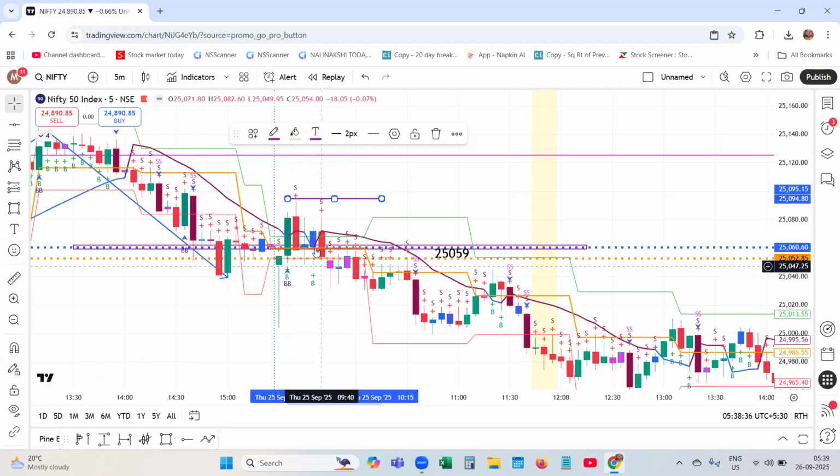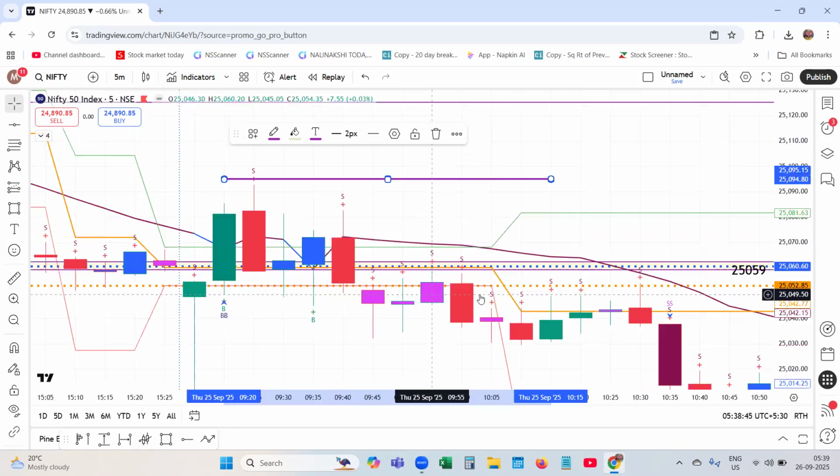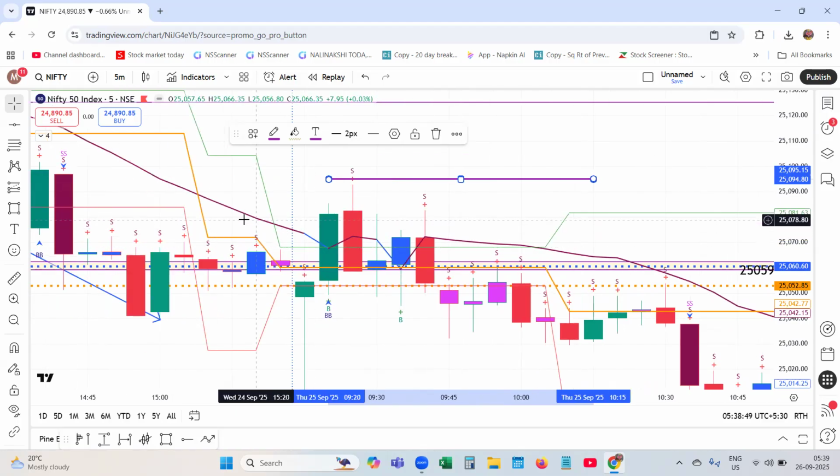Why has this buy signal been generated on this candle? Even though a buy signal has been generated on this candle, this is a seller's territory. You are not going to trade long.